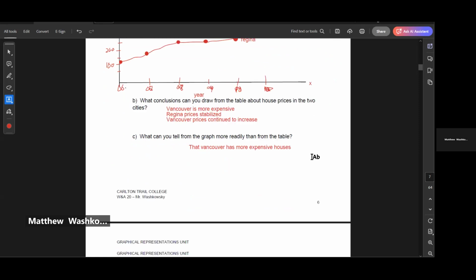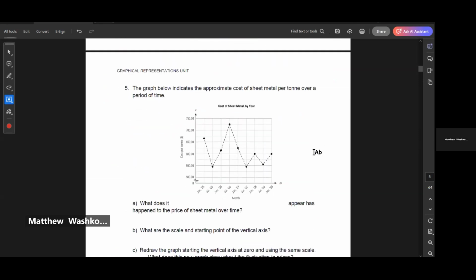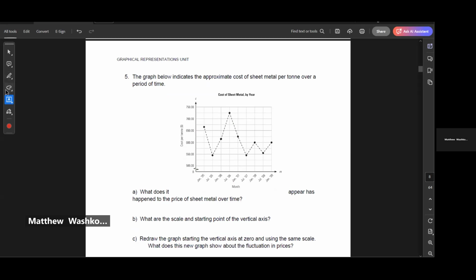All right, and question 5 here. So the graph below indicates the approximate cost of sheet metal per ton over a period of time. Sorry, I had to do something with my computer there. So that's this chart here.